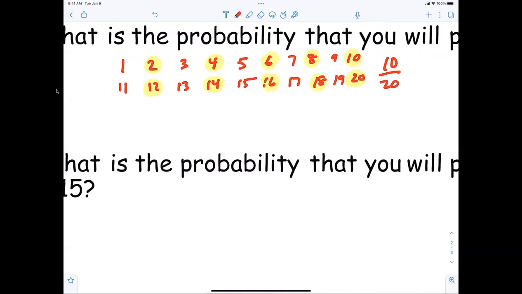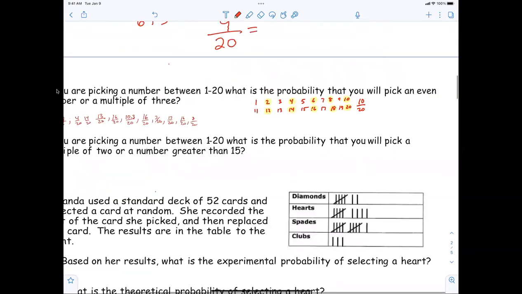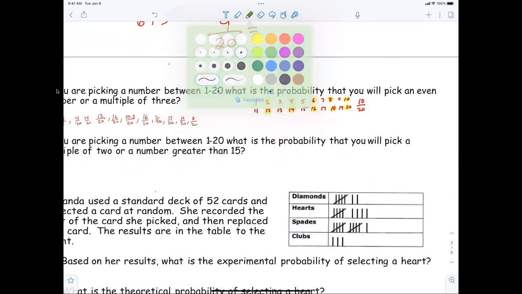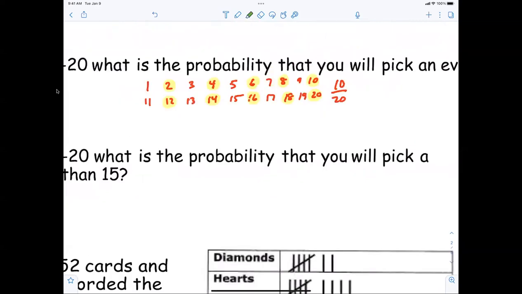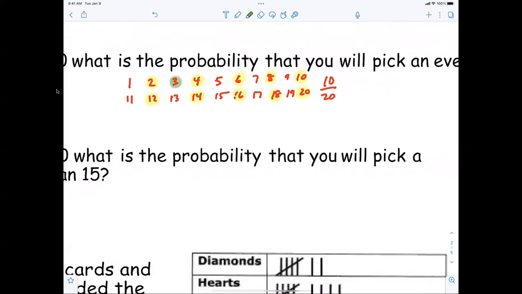Now, I also need to, or I could pick a multiple of 3. So now I'm going to take my handy dandy highlighter again, just to show you multiples of 3. 3, but didn't I already count that one? I already counted that. So 3, 6, 9, 12, 15, 18.